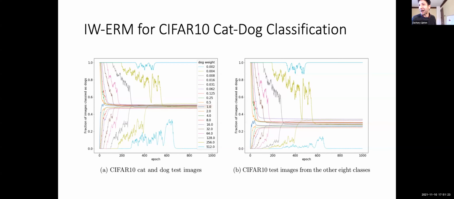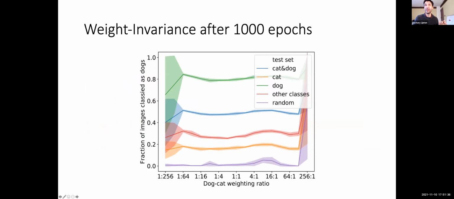But these are the wrong knobs to be turning. These are not distribution matching knobs. These are capacity control knobs. And so that was another example of, I think, a negative result.